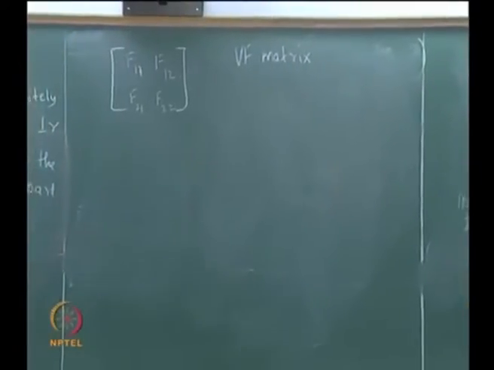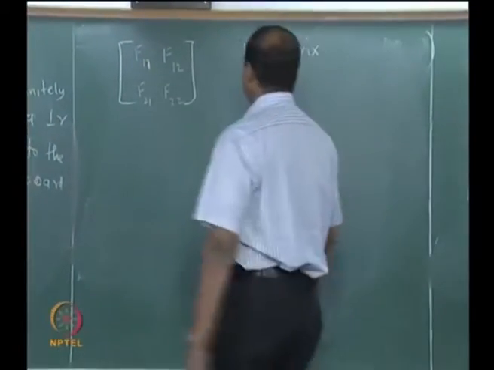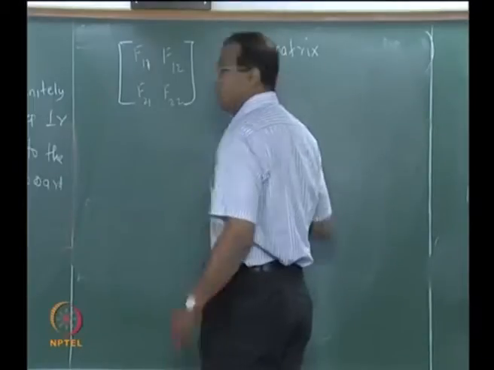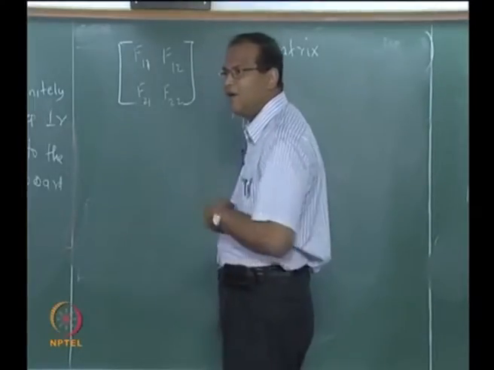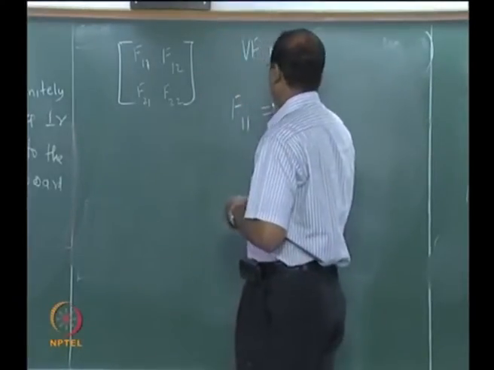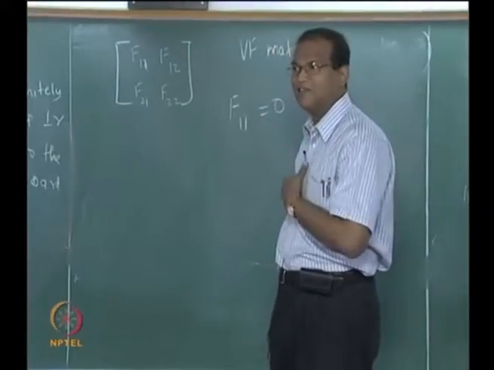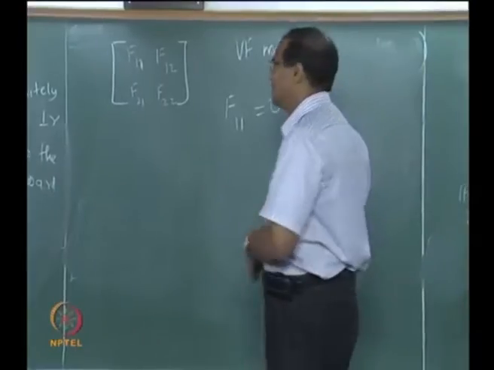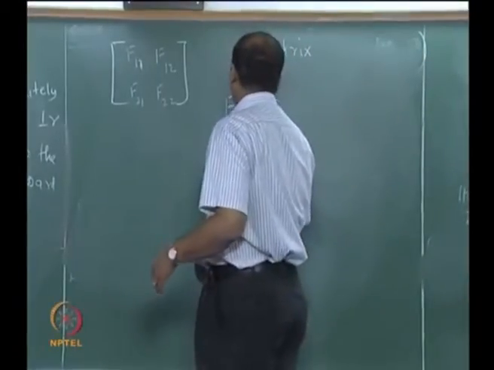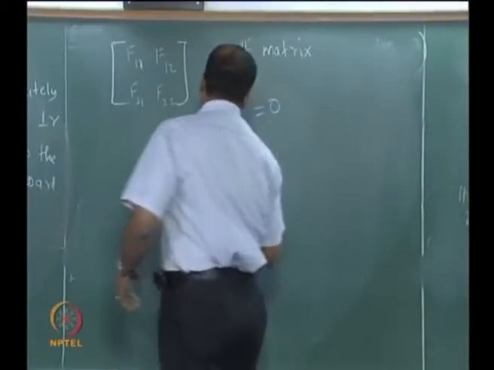First view factor. Now F11, zero, because 1 is a convex surface but 2 is a concave surface. F12, 1, A1.